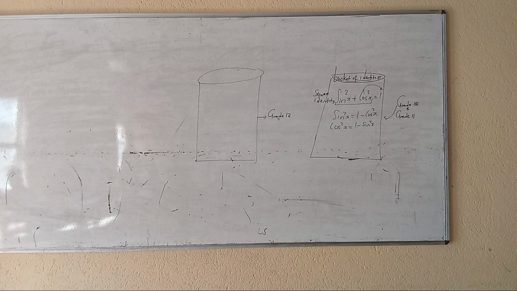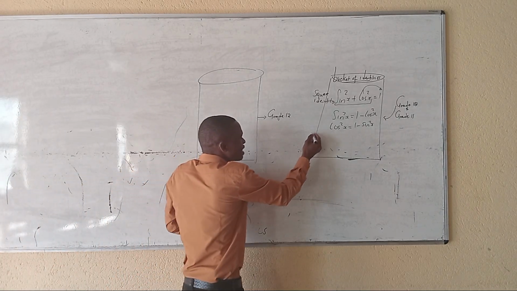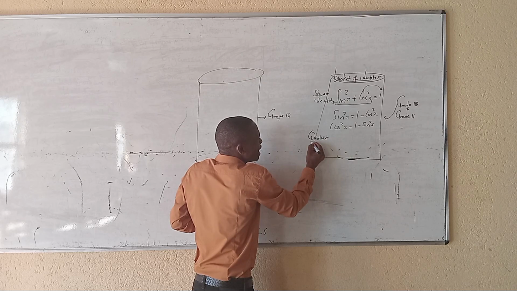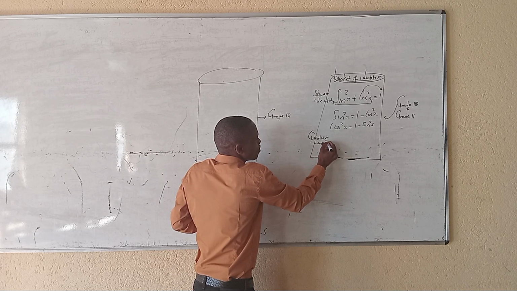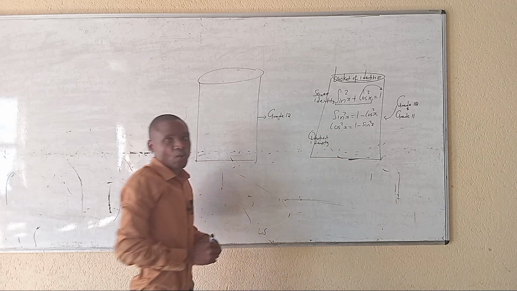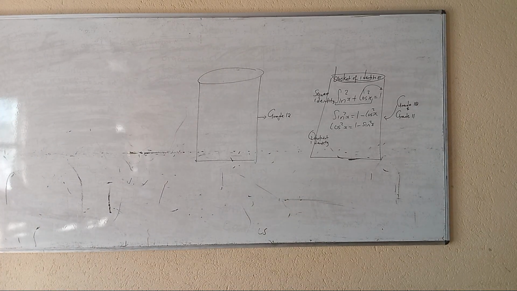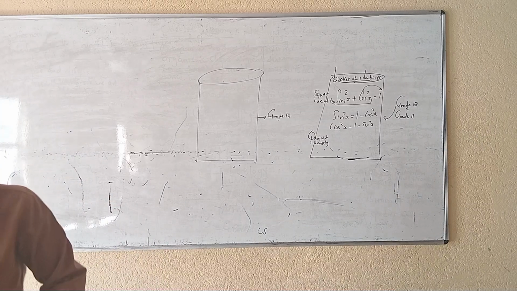Another one, we talked about the square identity. Another one is the quotient identity. What does the quotient identity say? What is the quotient identity?